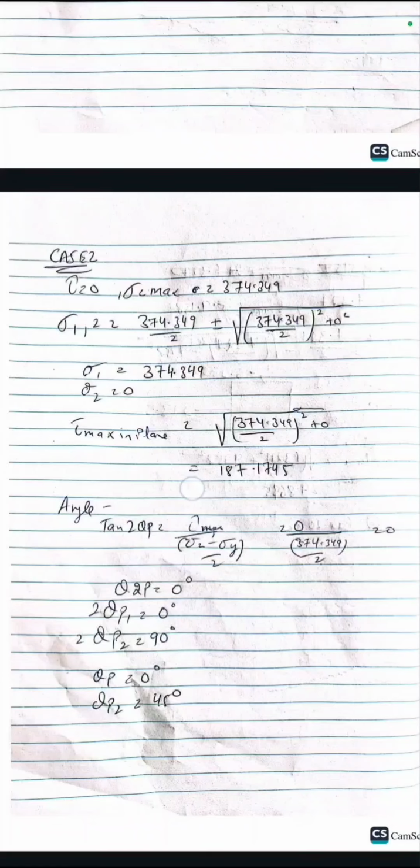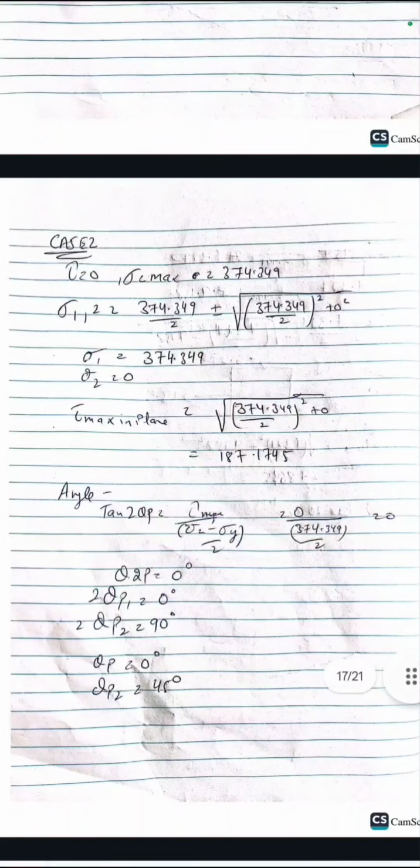So sigma 1,2 is equal to (sigma x plus sigma y) divided by 2, which is 0, plus minus the square root of ((sigma x minus sigma y) divided by 2) squared plus tau squared, and we plug in the values. We get sigma 1 is equal to 374.349, which came out by adding, and by subtracting we got the answer to be 0.